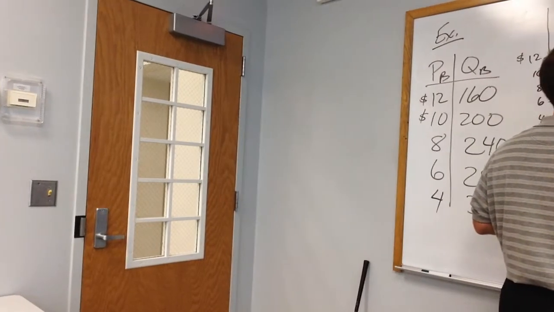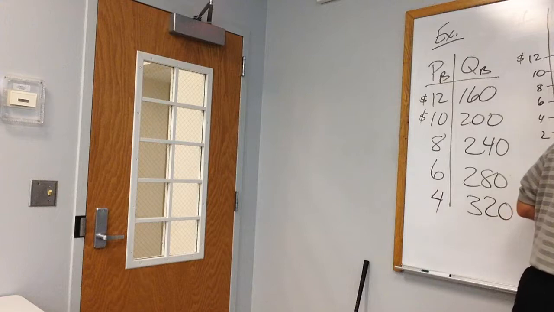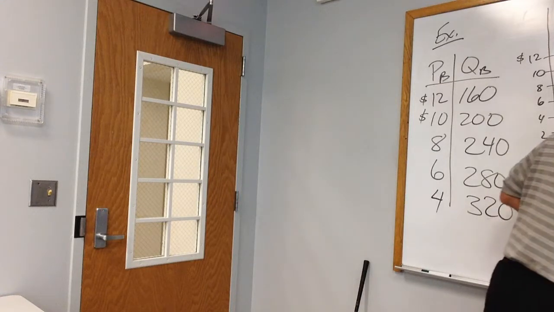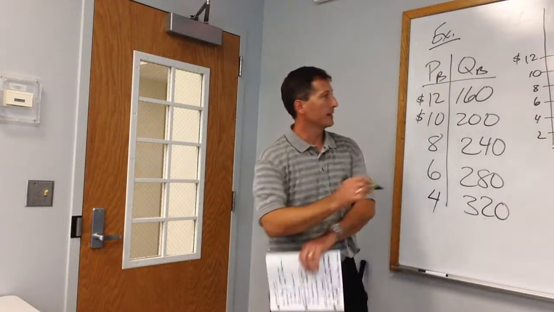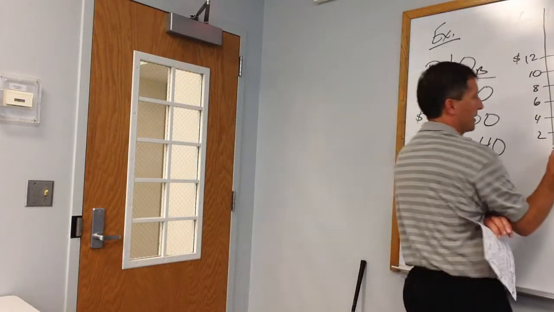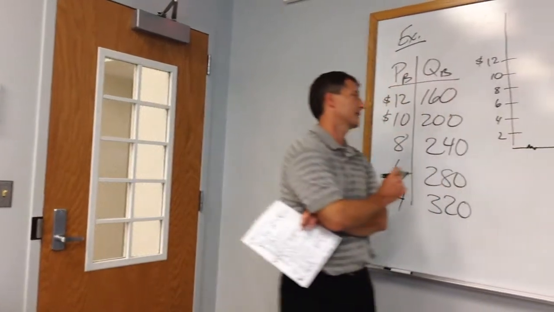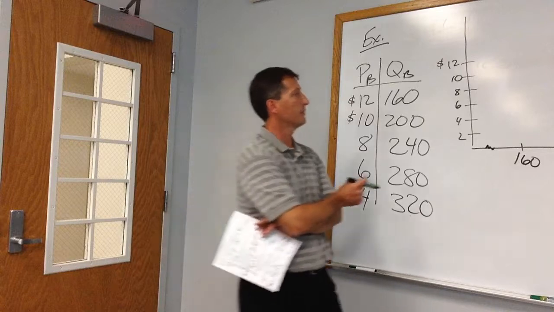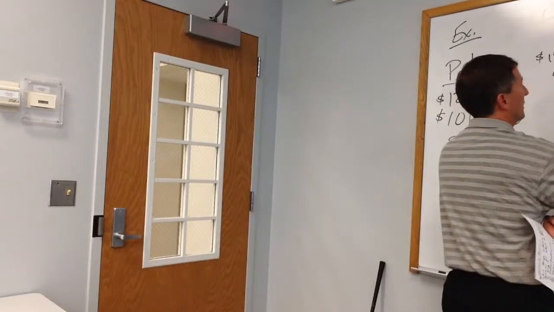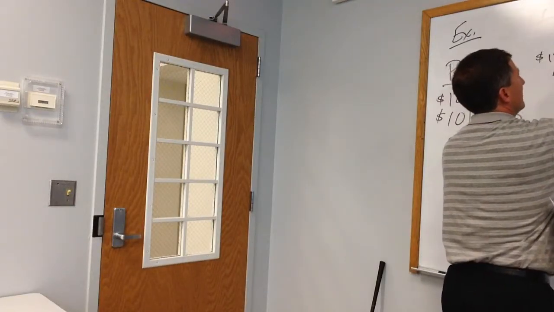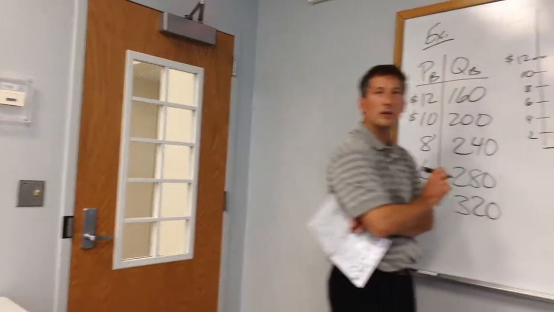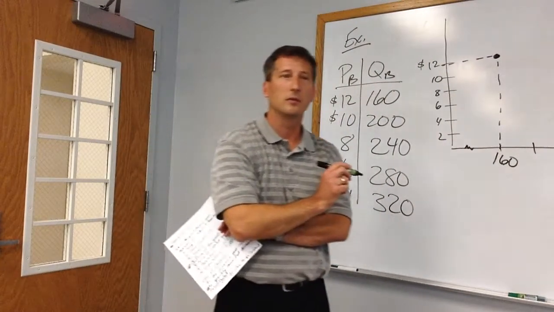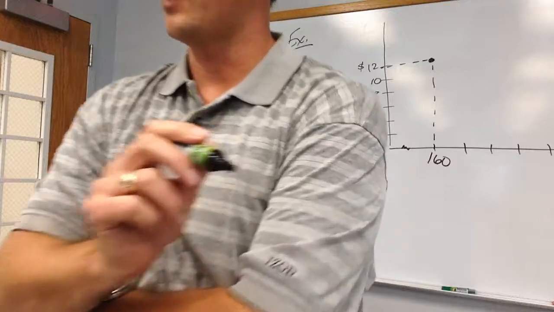Boom, boom, boom, boom. Just so we get a little bit of an idea of spacing and what this line might look like. If you want, you can put a little squiggly mark here that says we're not perfectly to scale. 160 and 12. Go ahead and graph that whole thing out.